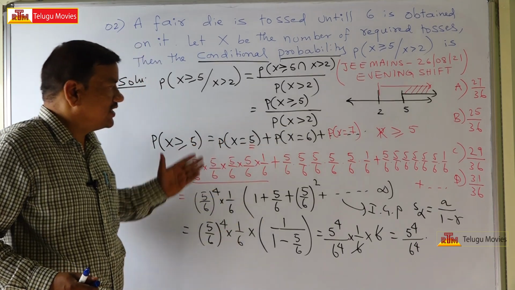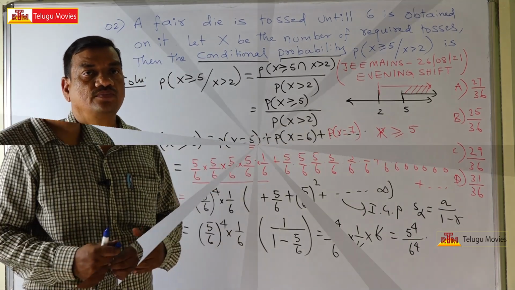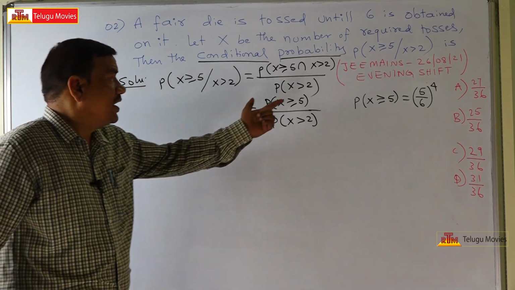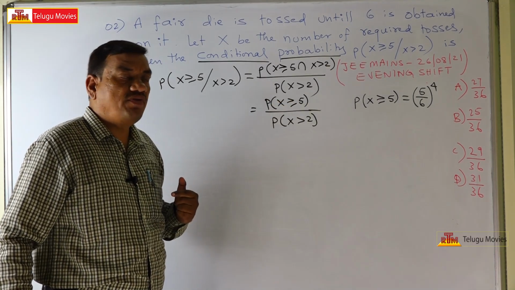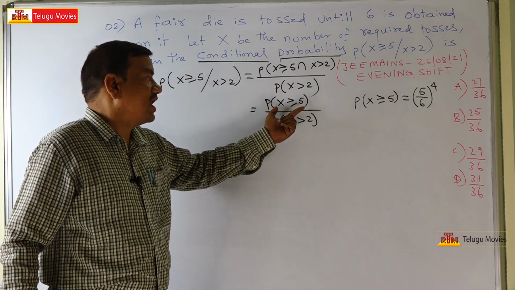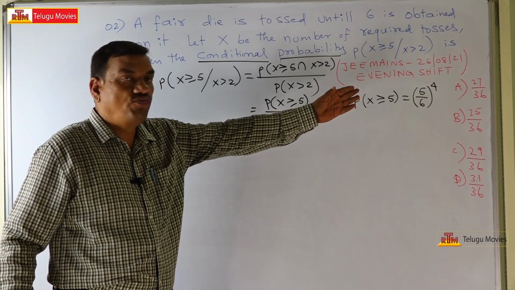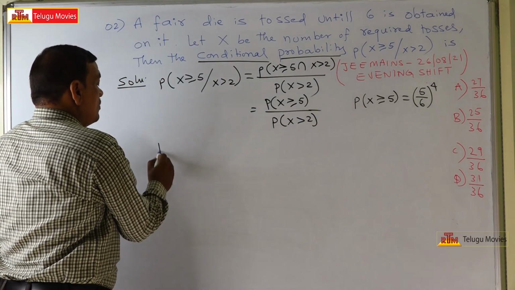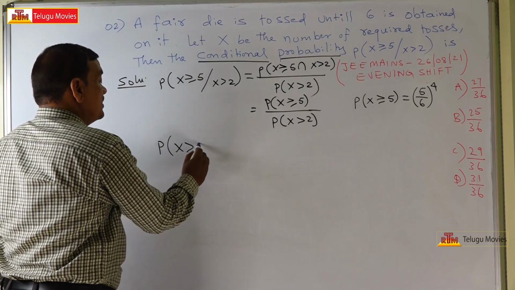So dear students, let us continue the solution. In the numerator we got probability of x greater than or equal to 5 as 5 upon 6 whole power 4. Let us see the probability of x greater than 2.